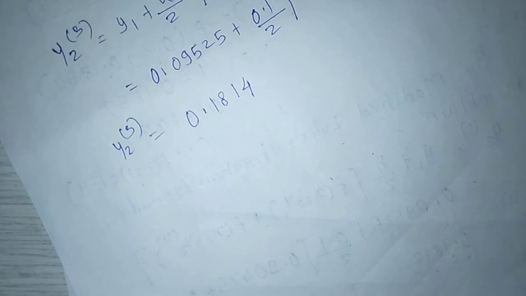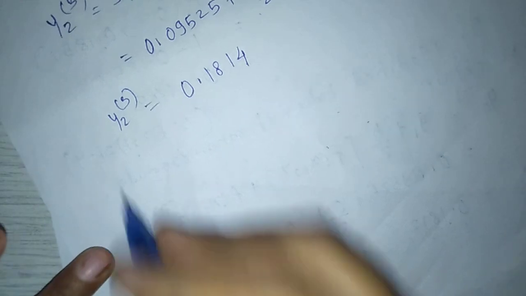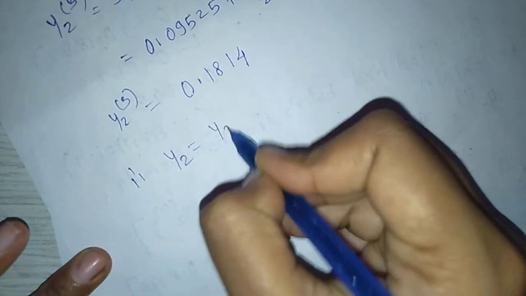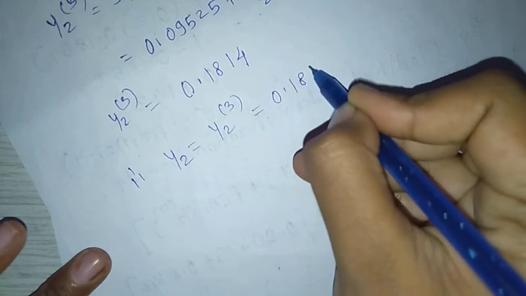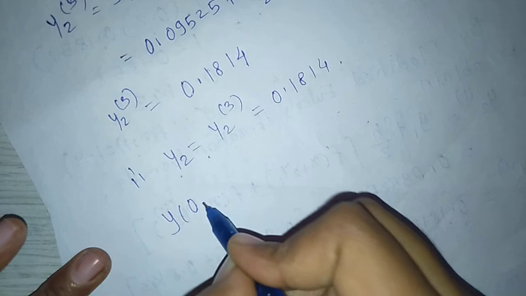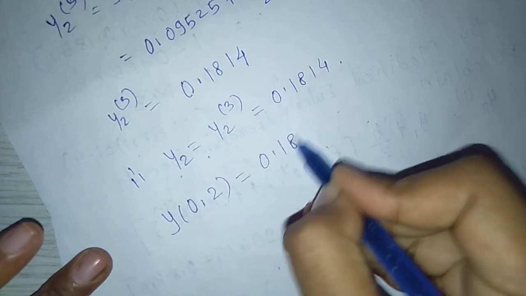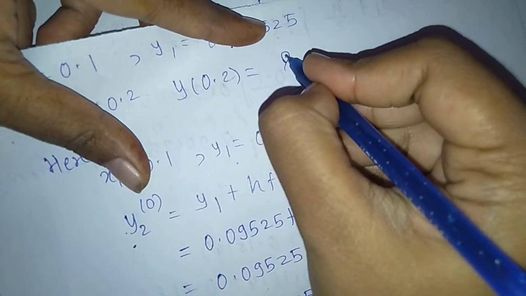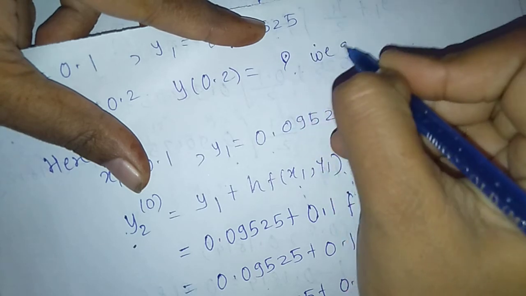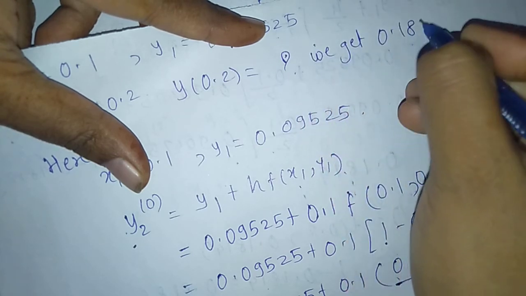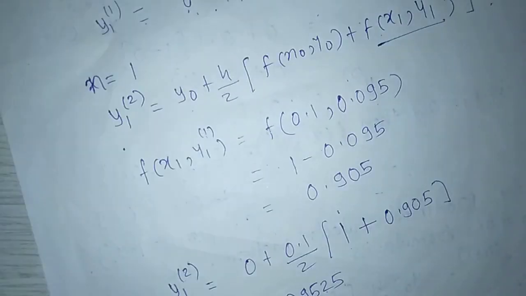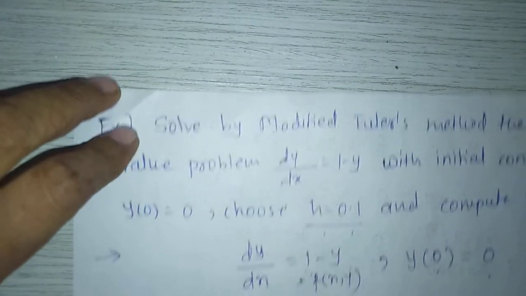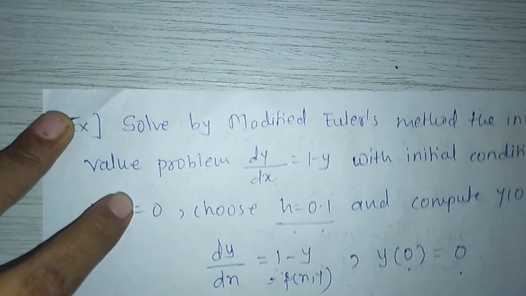So y2, which is y of 0.2, equals 0.1814 after simplification. So this is nothing but an example of the modified Euler's method.